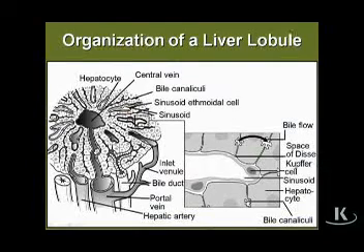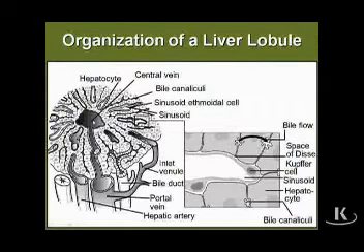So fundamentally, the basic structure of the liver can be organized in a number of anatomic ways. One of the classic ways to illustrate liver organization is to talk about the organization of a liver lobule. And a liver lobule basically is in the form of a hexagon where the central element is the central vein.